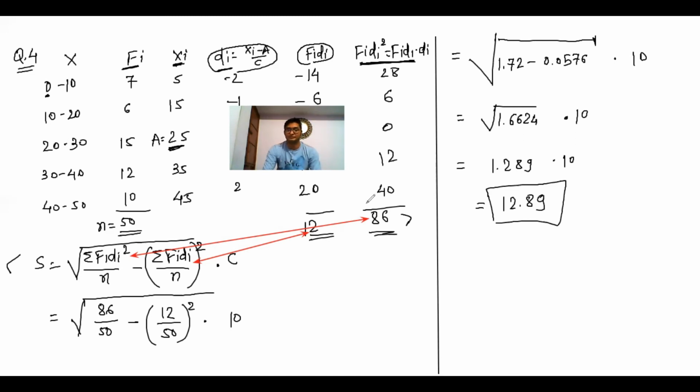Now, next topic. I'm going to start the next topic related to variance. If in a question they have asked to find the variance, that we denote by S square, there is no specific formula for variance, because all the formulas of standard deviation apply here.